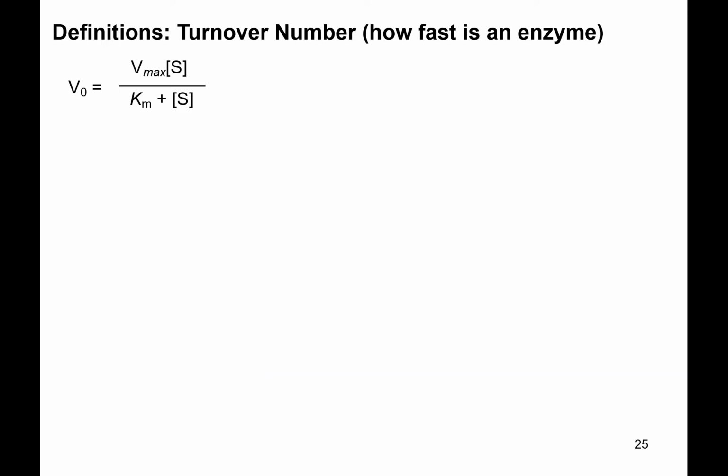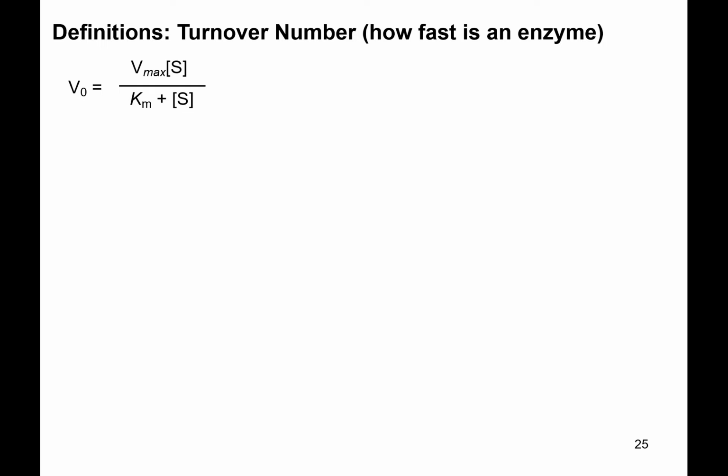Right, so the lower the Km value, or I really shouldn't say it that way, the stronger the binding of a substrate to an enzyme would lead to a lower Km value. A weaker binding substrate to an enzyme would give you a higher Km value, right?